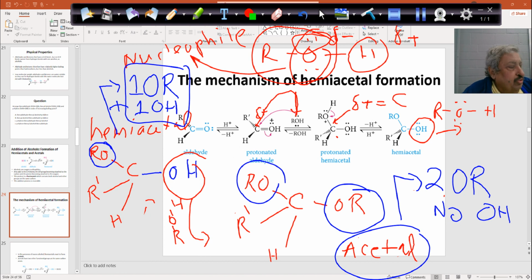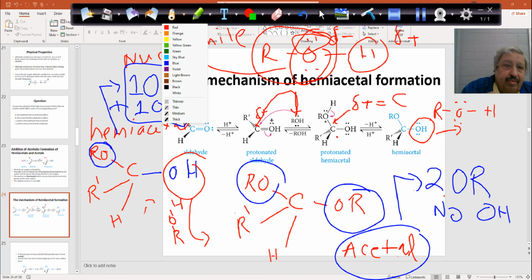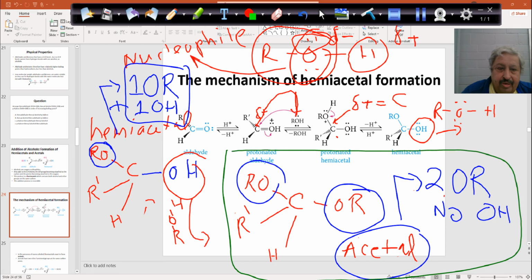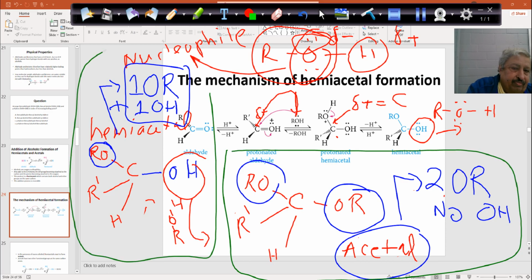For me, that's very important, to distinguish between them rather than go through all this mechanism. And you don't know even the nucleophile, you don't know all the expression of this mechanism. But that's what we have. So an acetal will have two ORs, no OH.